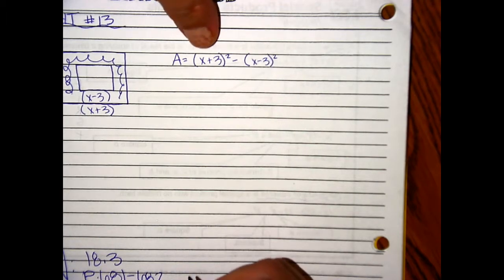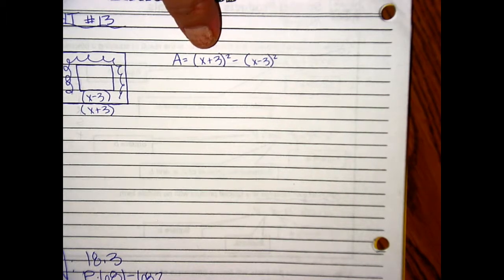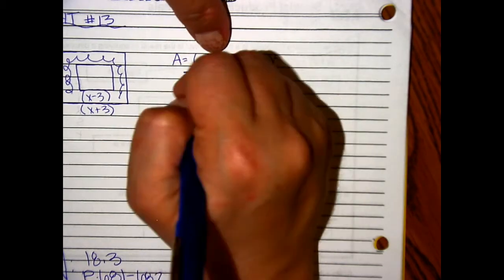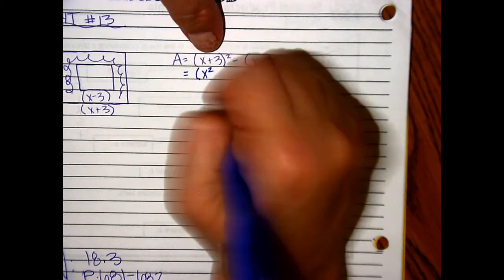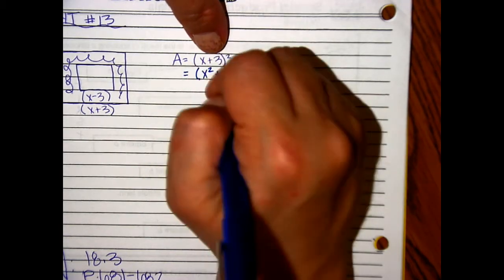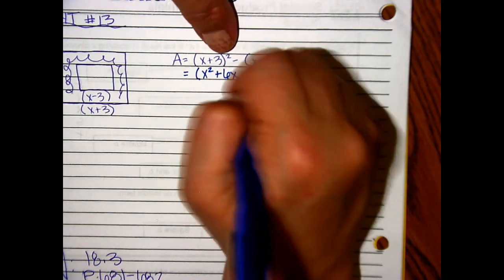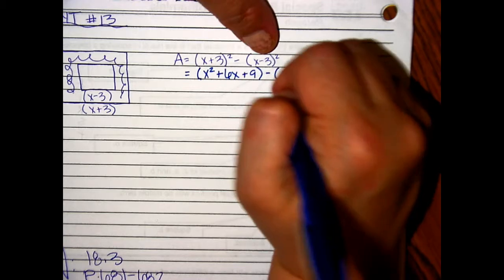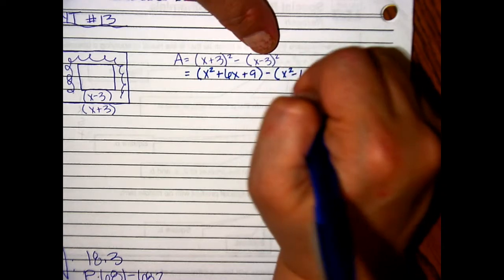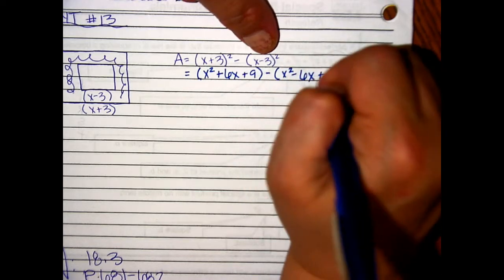So these are perfect square trinomials. So the first one, x plus 3 squared, would give you x squared plus 6x plus 9 minus x squared minus 6x plus 9.